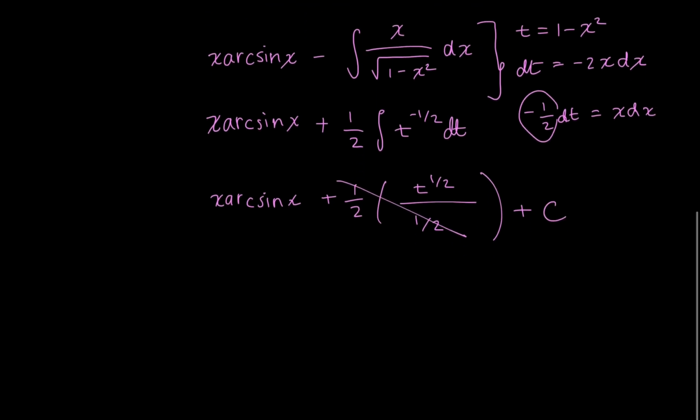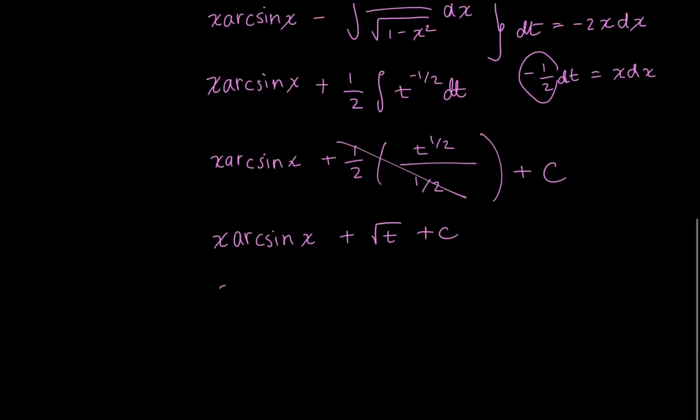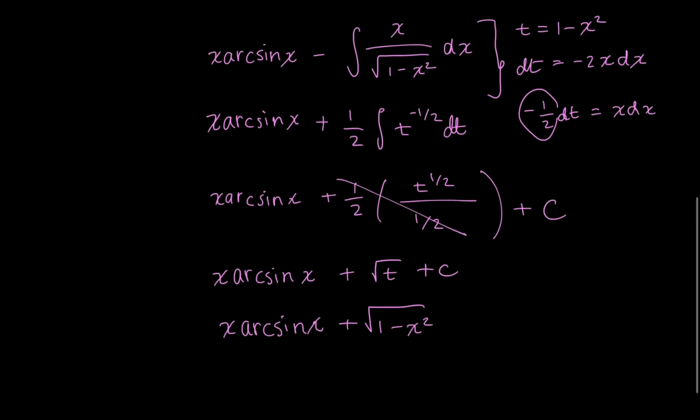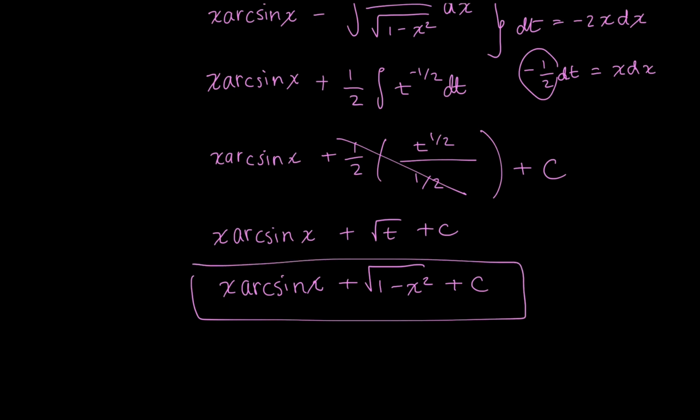Those two cancel out, so I'm left with x arcsine of x plus the square root of t plus c. Substituting that t back in, I have x arcsine x plus the square root of 1 minus x squared, plus c. And that's it.